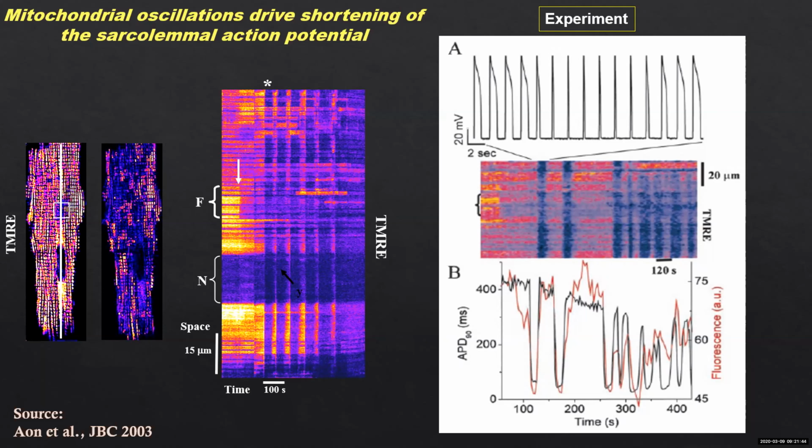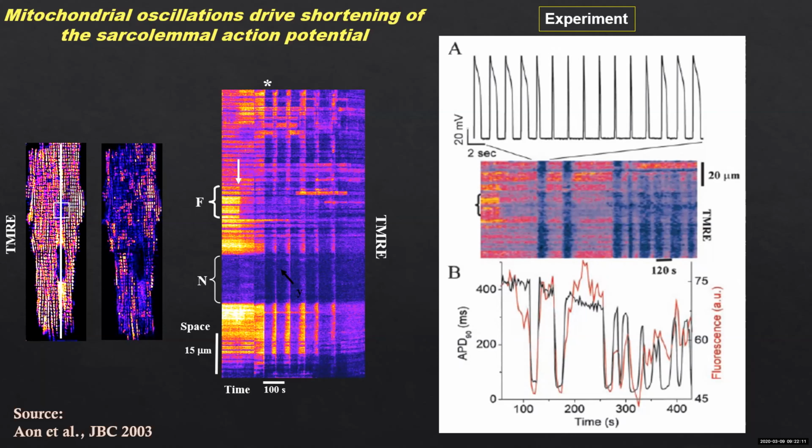The graph on the left is a timeline image displaying the dynamics of fluorescence along a longitudinal line of the cardiomyocyte, where yellow means high membrane potential and blue is low membrane potential, when mitochondria have lost the membrane potential.